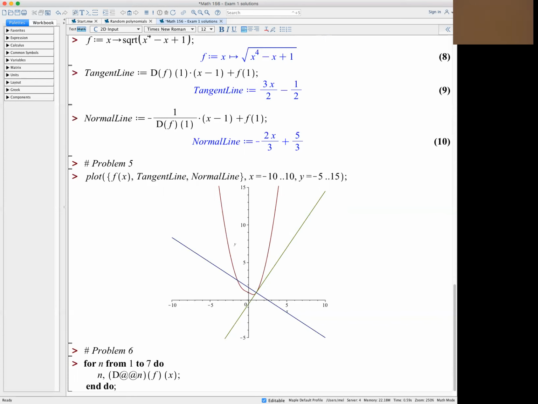The only problem is I haven't defined the function, so let me insert that here. So the function for this problem is cosine x e to the x cubed. So f x goes to cosine of x times exp of x cubed.